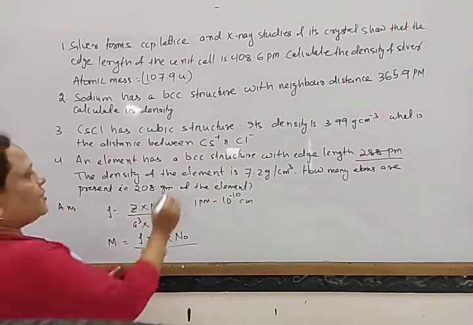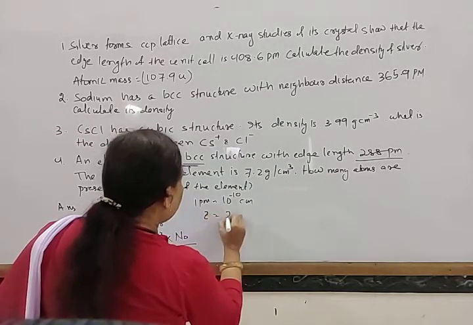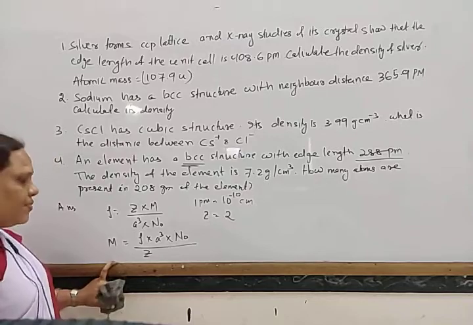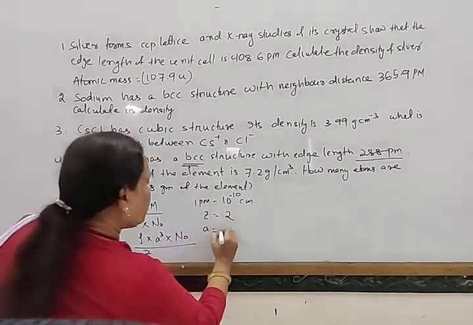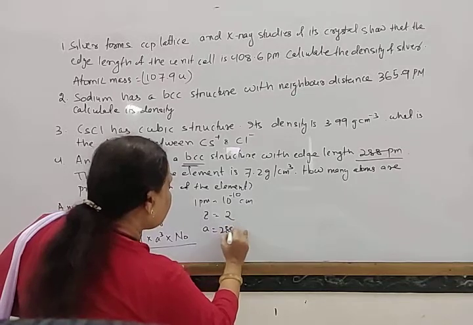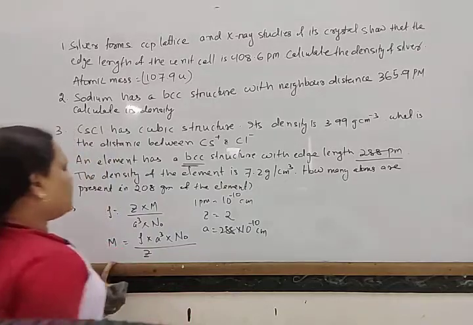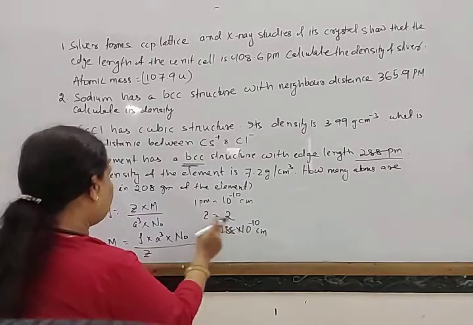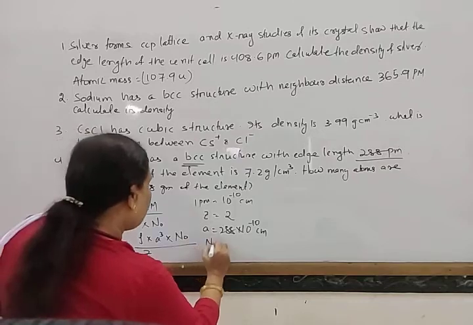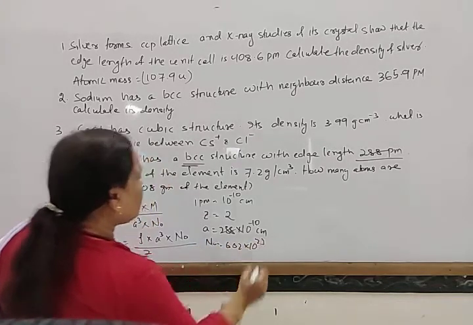And as it is given BCC, Z value equal to 2. Substituting this value, a given as 288 into 10 to the power minus 10 cm, and N0 value 6.02 into 10 to the power 23.